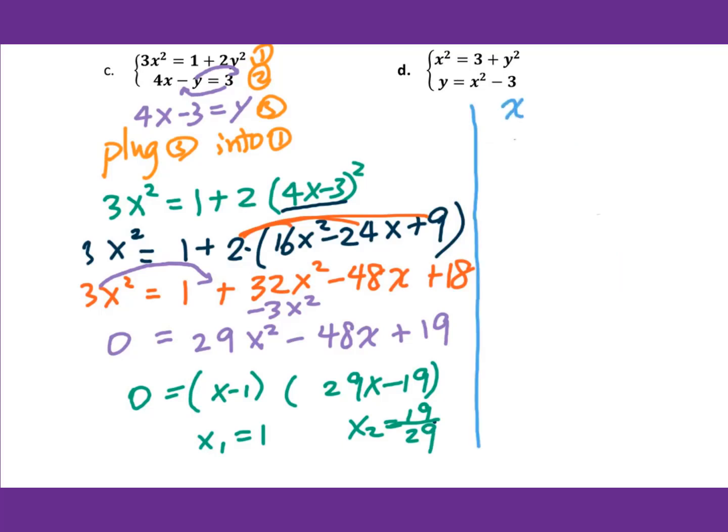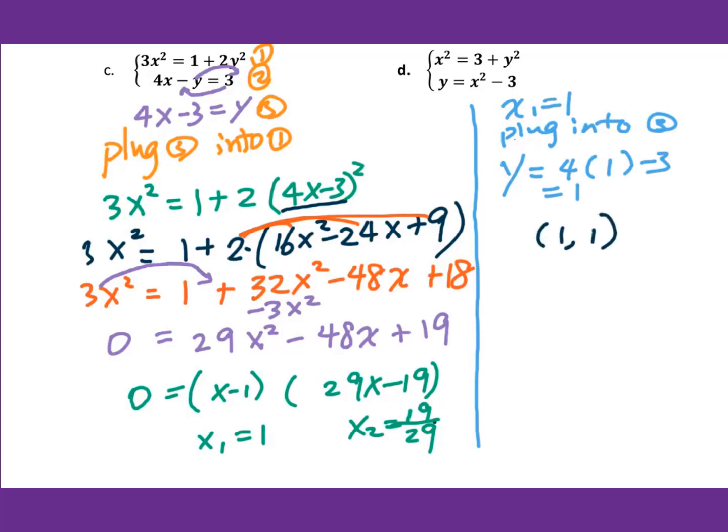Now we have x1 equal to 1. I need to plug into 3. You will get y equals 4 times 1 minus 3 equals 1. Therefore, (1, 1) will be one solution. Then we plug in x2 equals 19 over 29.